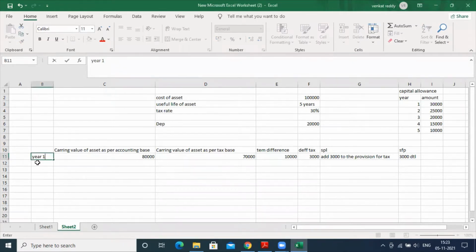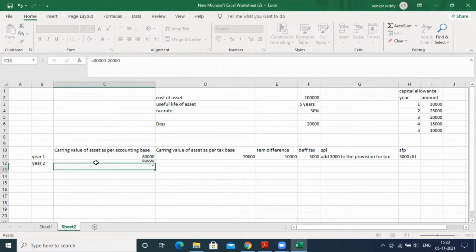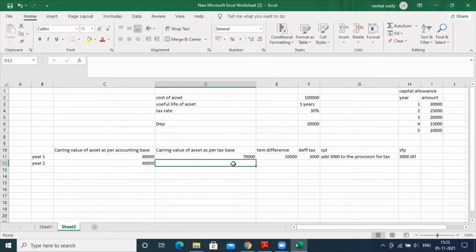Now when it comes to the second year, the carrying value of the asset as per accounting base would be 80,000 minus second year depreciation of 20,000, so it is 60,000.